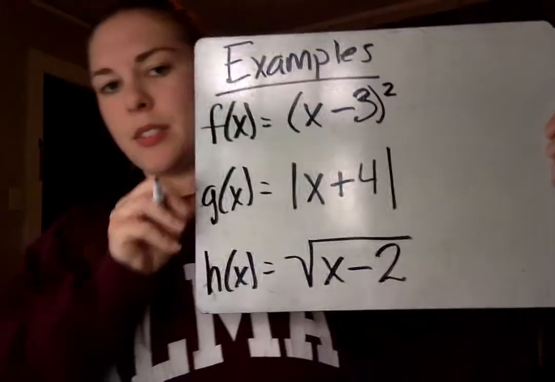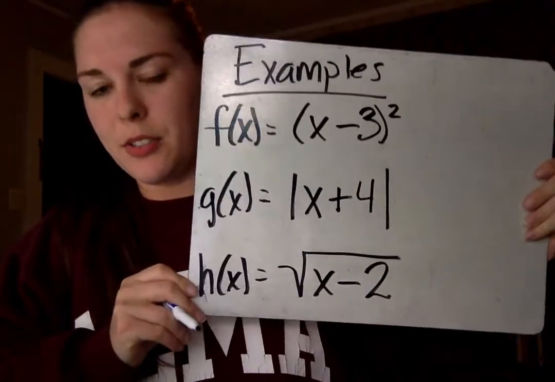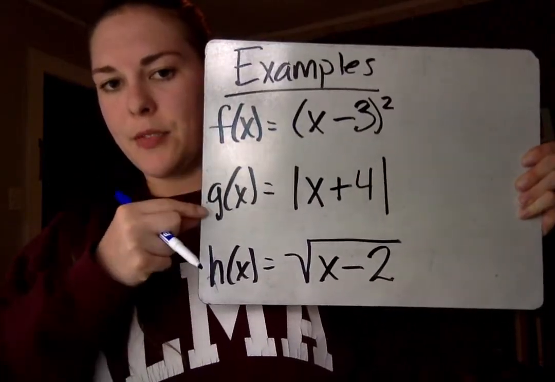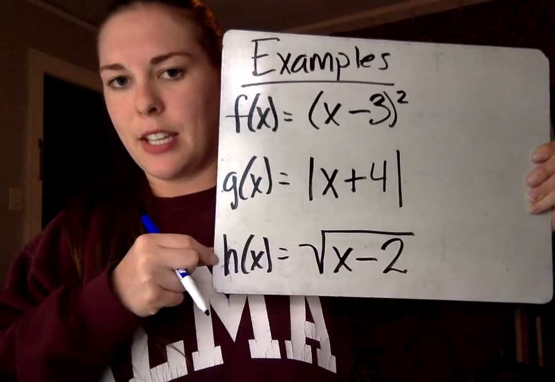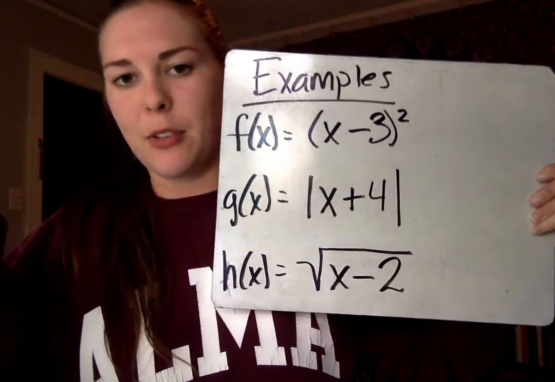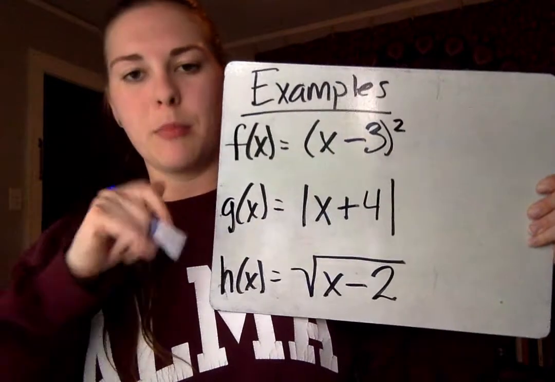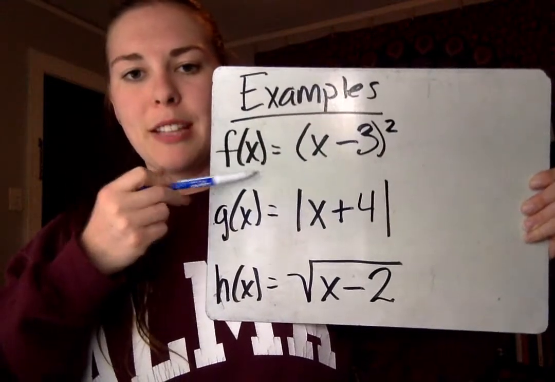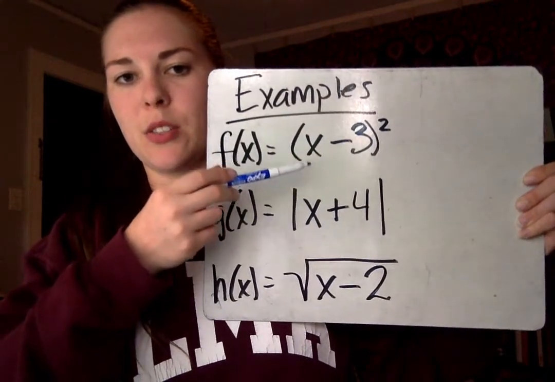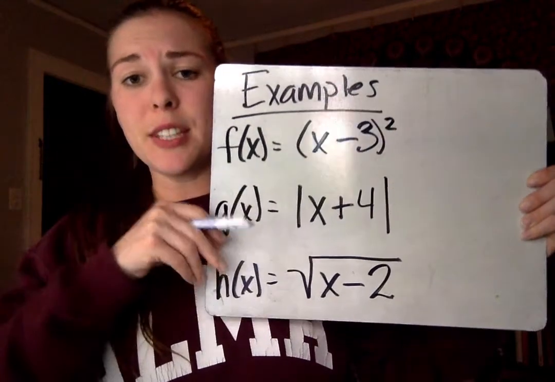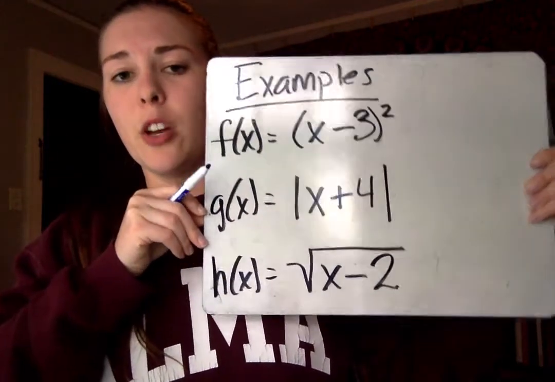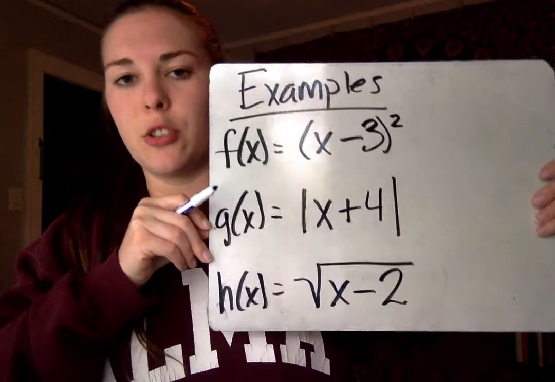Okay. So this is going to look a little bit different than what I just had up on the screen. Now I've renamed these functions. I have f of x, g of x, and h of x. Remember, those are just names of any graph. It's like Billy or Bob, whatever, same thing. Okay, so I have f of x equals (x minus 3) squared. The first thing, just like vertical, you need to think, what does this function look the most like?